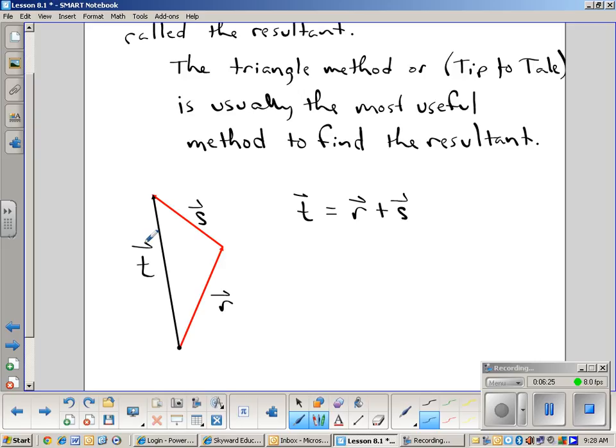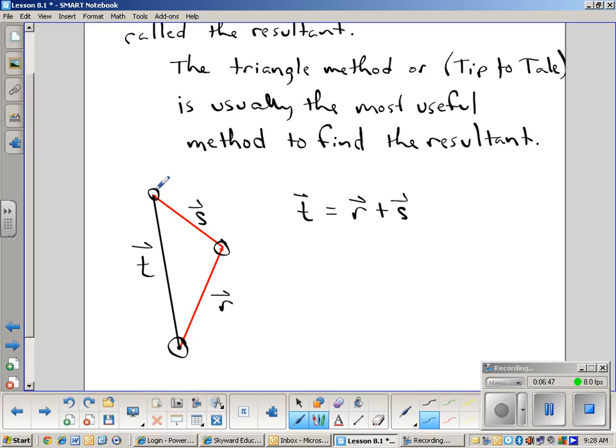In other words, they're asking, if I put these two together, what would be a single vector that would represent where I started from to where I ended? In the two red ones, R and S, I started here, and I went to here, and then I went to here.